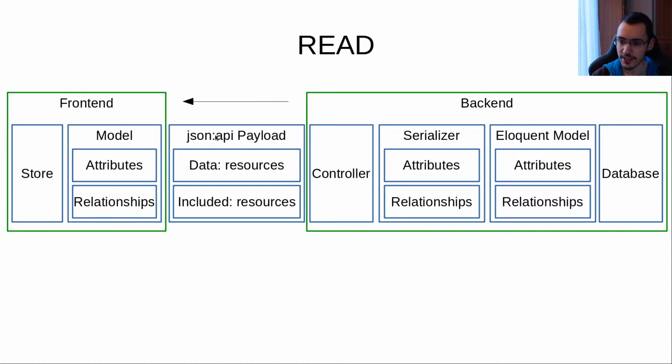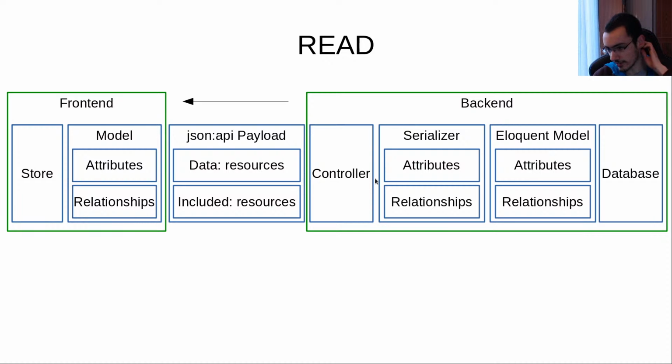So this is a standard for JSON requests and responses. So we follow this syntax. And because we follow this JSON API syntax, when we want to pass data from the backend to the frontend, or vice versa, we have some libraries to help us with that.